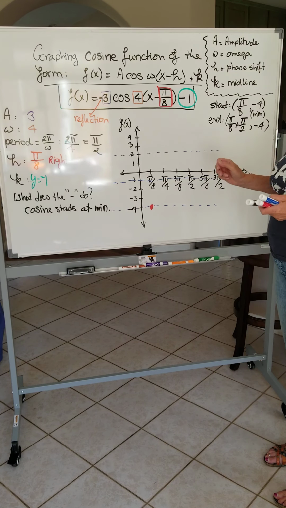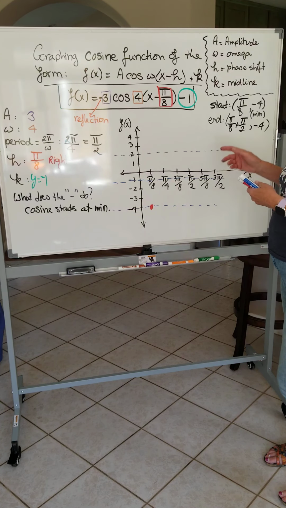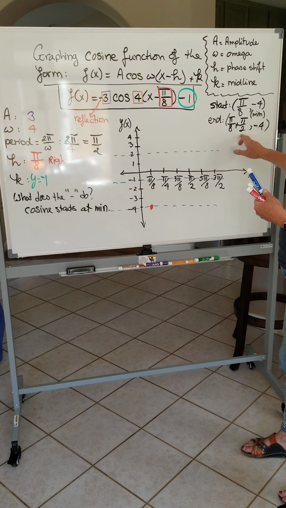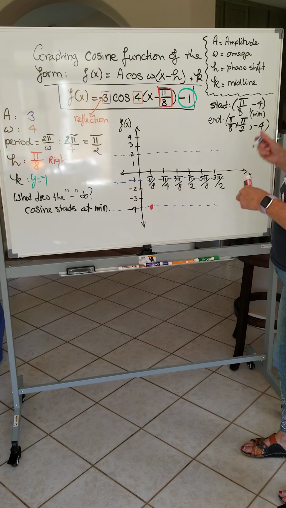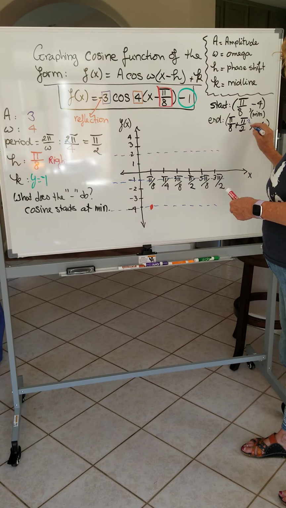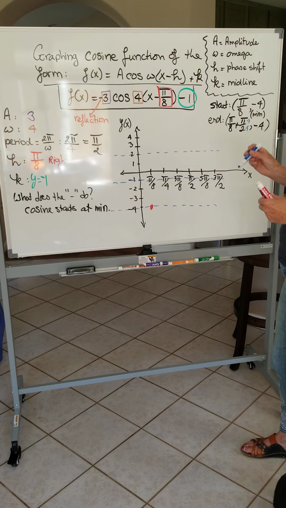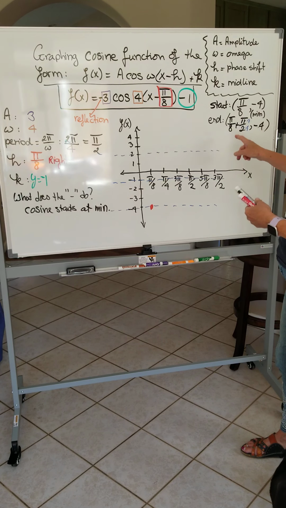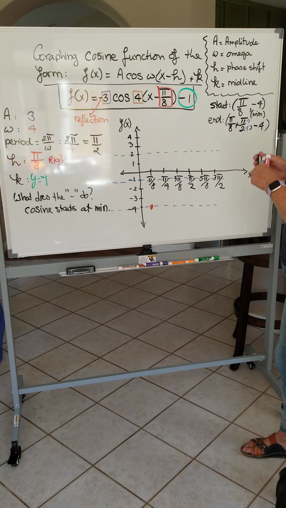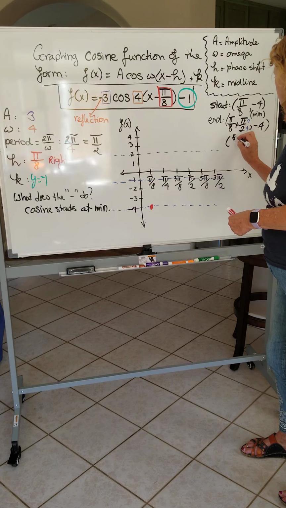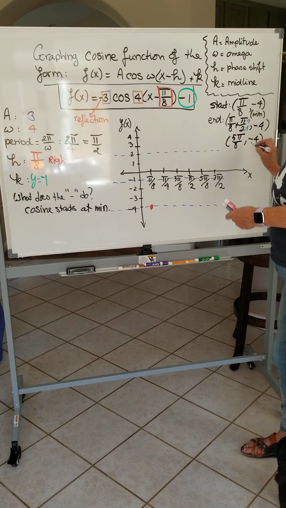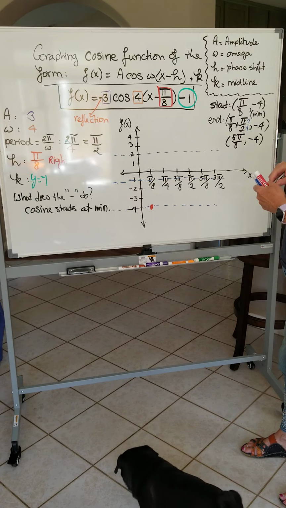So now we need to figure out what is pi over 8 plus pi over 2. So we need a common denominator. My 2 needs to be multiplied by 4 in order to get a denominator of 8. So that means that we have pi over 8 plus 4 pi over 8 is 5 pi over 8, -4. There's my ordered pair for my endpoint.